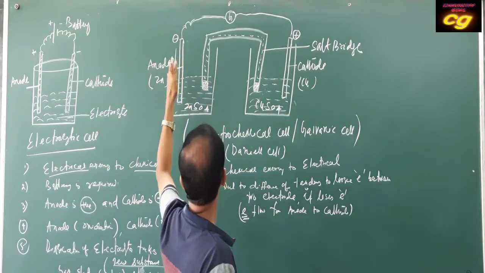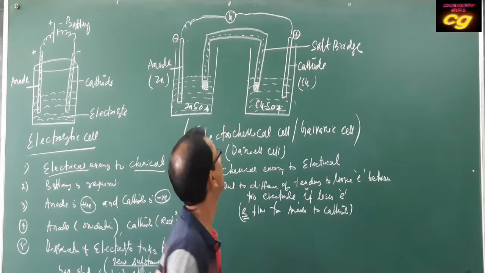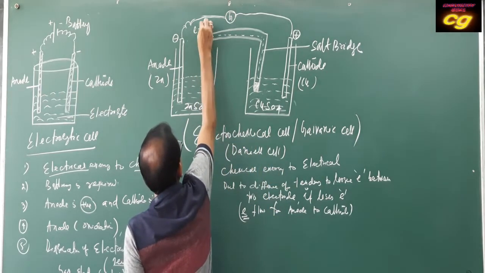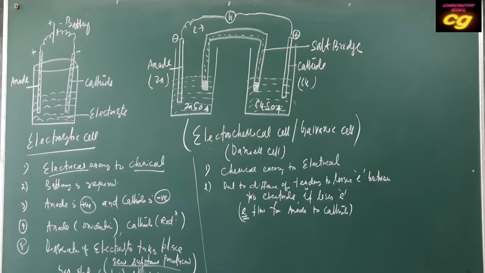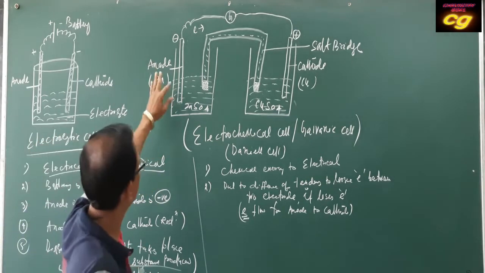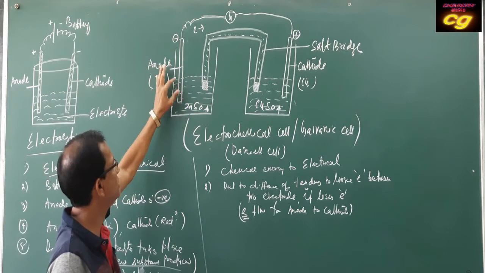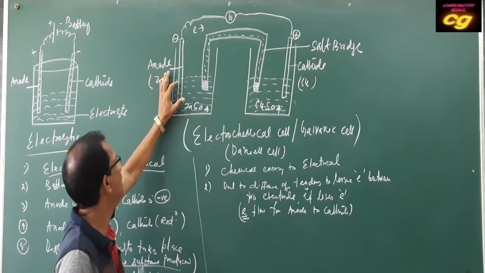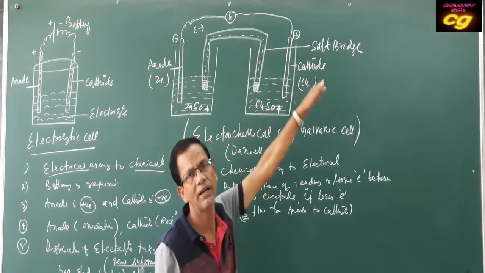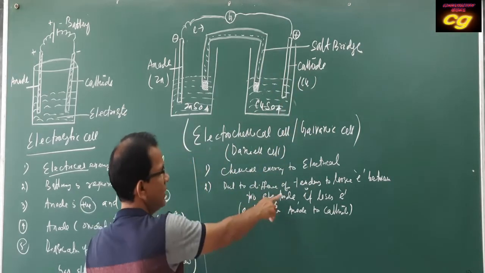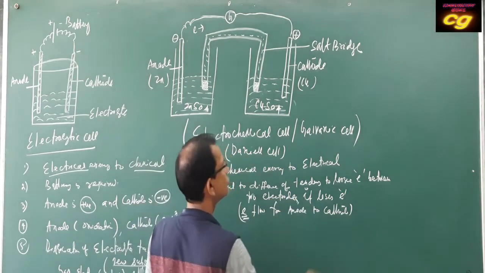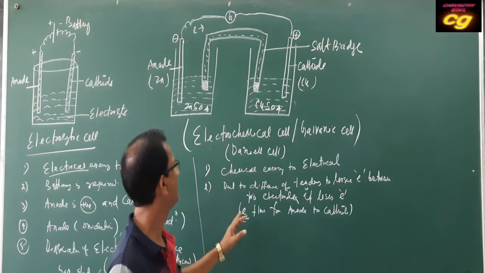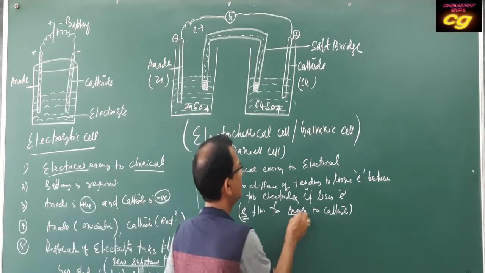So electrons flow from zinc to copper. Due to the difference in tendency to lose electrons, zinc loses electrons and the electrons move towards the cathode. So electrons flow generally from anode to cathode.